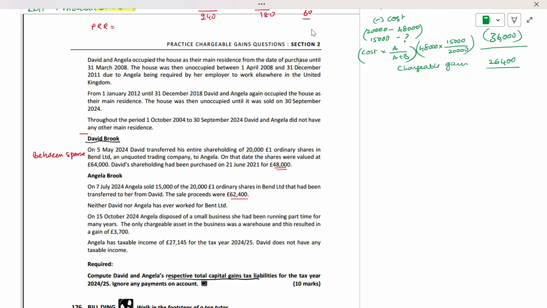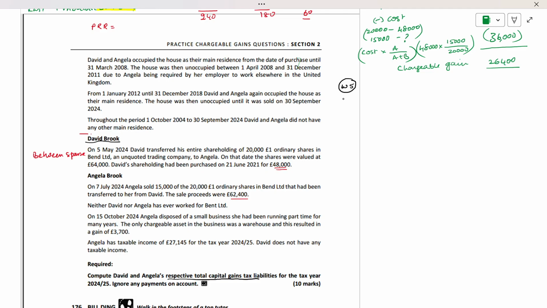They don't have any other income. Next, what do you have to do? Very interesting. Working 5. How much is the taxable income she is having? What do we have to do?